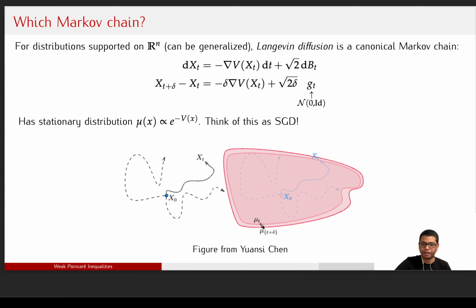Okay, so this particular Markov chain can be proved to have stationary distribution mu, which is the distribution proportional to e to the power minus the Hamiltonian. And you should think of this Markov chain as basically performing stochastic gradient descent on the cost function V.